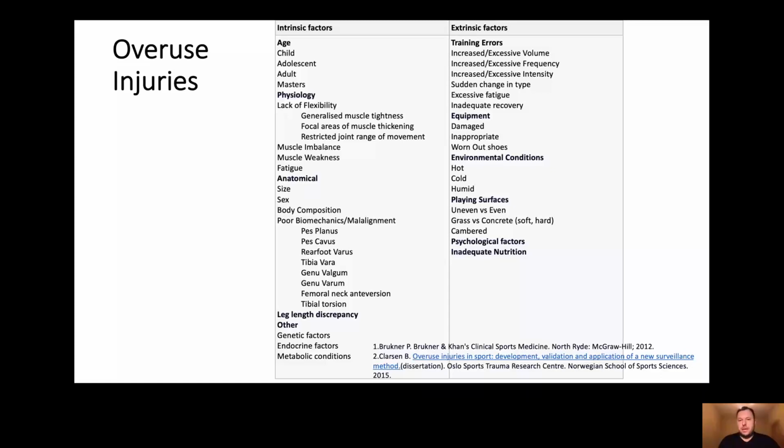And extrinsic factors are usually training errors, equipment, environmental conditions, playing surfaces, psychological factors, inadequate nutrition. So as you see, overuse injuries can also occur with improper training, training errors, and so on. I will talk about it in my presentation later on, and I think these are situations which can be managed if we know some basics.